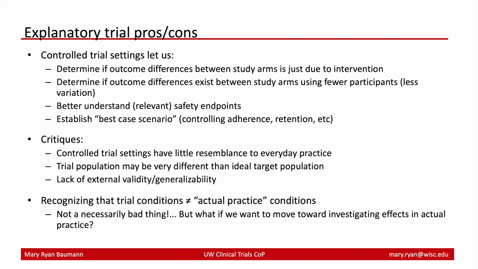I don't like the phrase real world conditions because trials do exist in the real world. But this mismatch isn't necessarily a bad thing, for the reasons that we outlined above. Controlled trial settings do have a purpose. But there are times when we want to move beyond that and start investigating the effects in actual practice. And so then we have to ask the question, well, what do we exactly do in that situation?